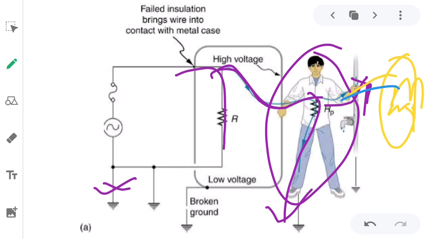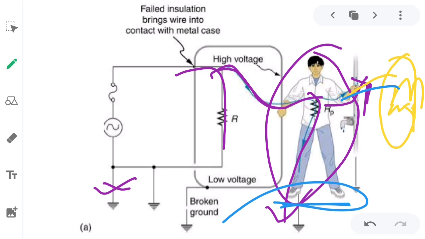So to protect us from that shock, what can we do? We can disconnect from the earth. If we stand on a wooden plank, or wear a rubber or plastic shoe, the current will not get a proper place to flow.